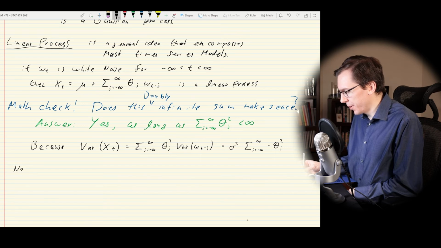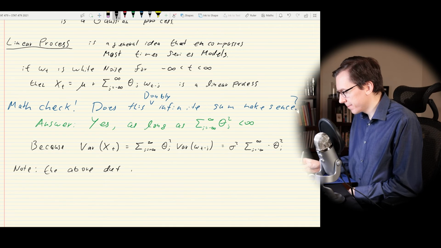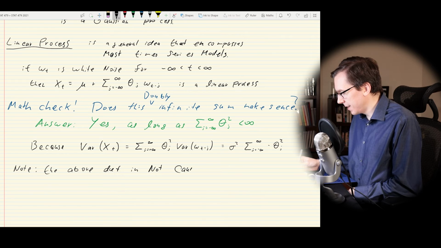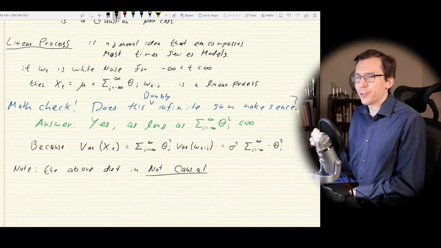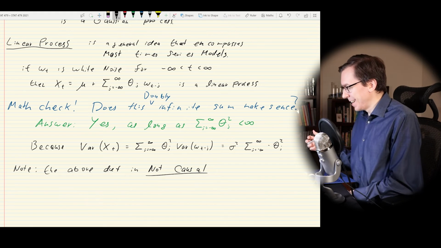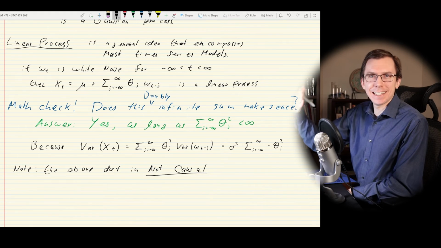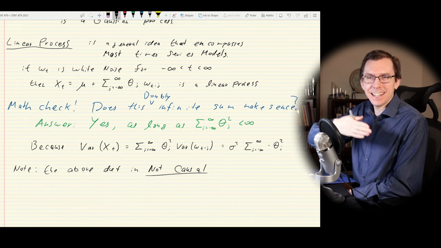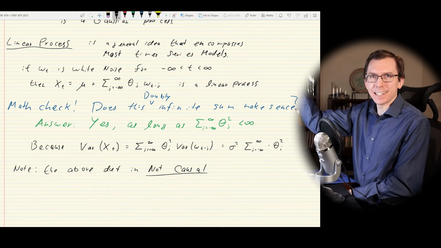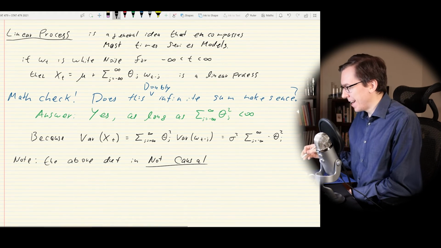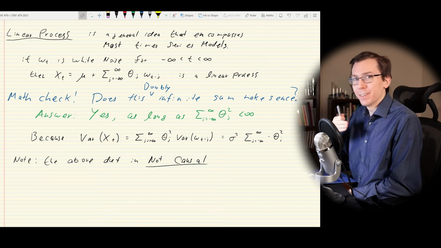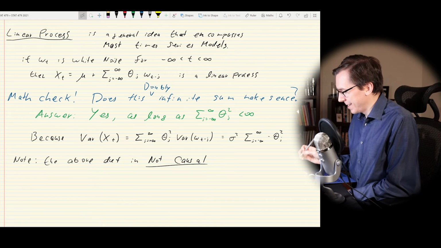One other note: the above definition is not causal. We didn't strictly define what that means, but we have an intuitive sense of causality. The past dictates the future, the future doesn't dictate the past. We have this notion of temporal causality.